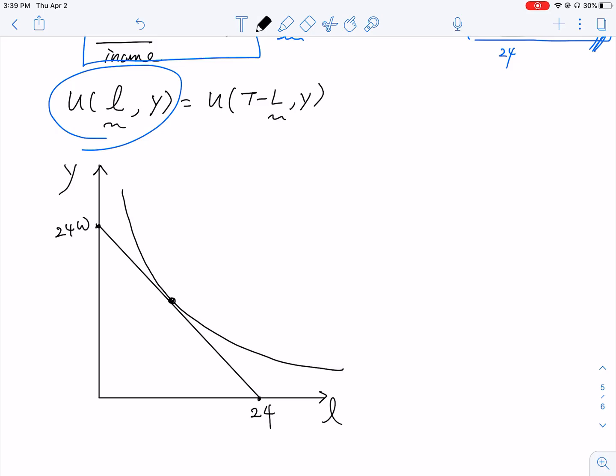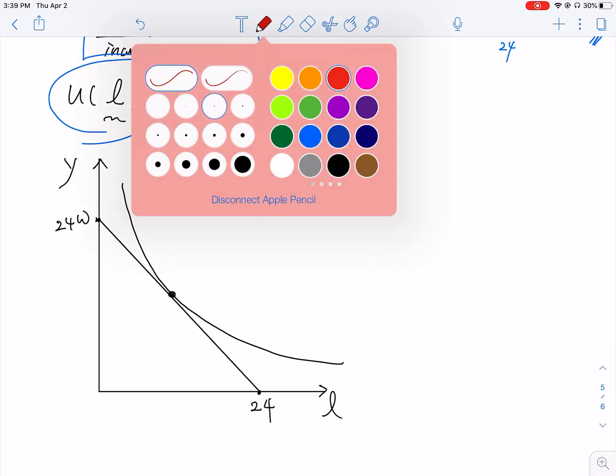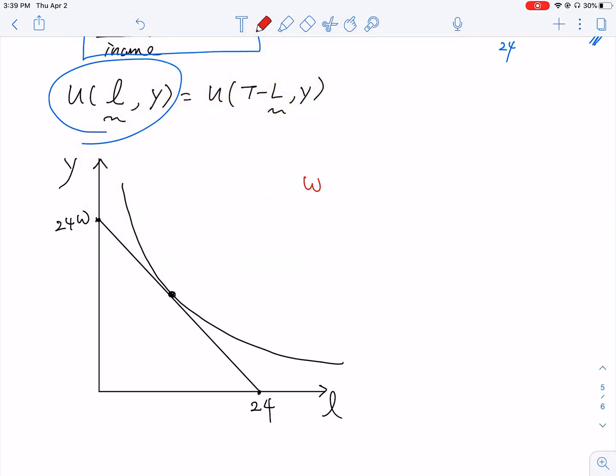So this is it. Now let's think about changing the prices. Suppose W goes up, let's say from $3 to $5.